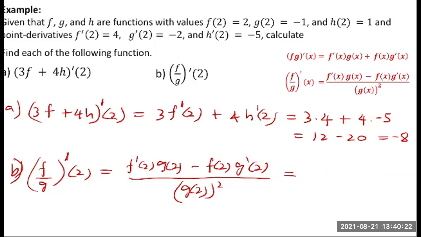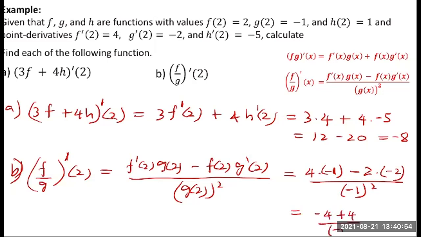Let's do it again. f prime of 2, which is 4 clearly, times g of 2. g of 2 is minus 1, minus f of 2. f of 2 is 2 times g prime of 2. g prime of 2 is minus 2, divided by g of 2 squared. g of 2 is minus 1, squared. Okay, it's all about simplifying this expression. This is minus 4 plus 4 divided by minus 1 squared, which is 0. Okay, so the answer is 0.